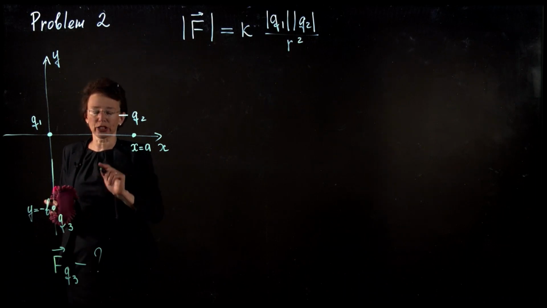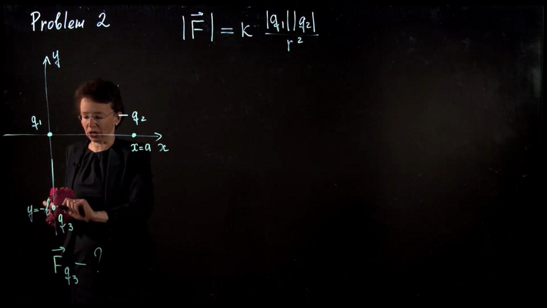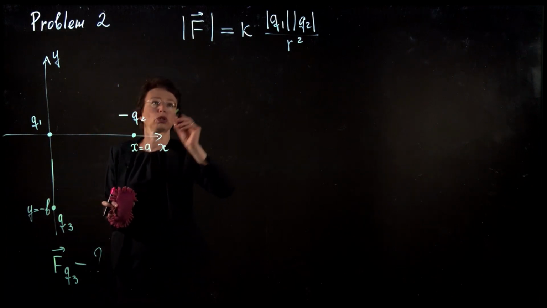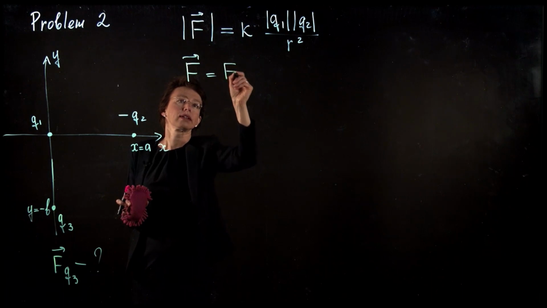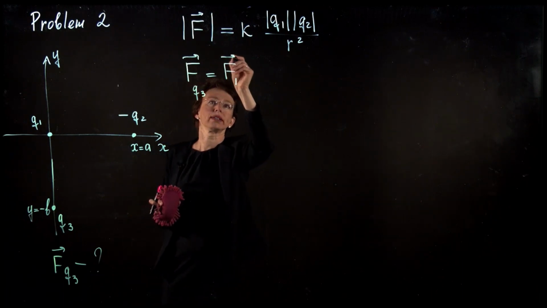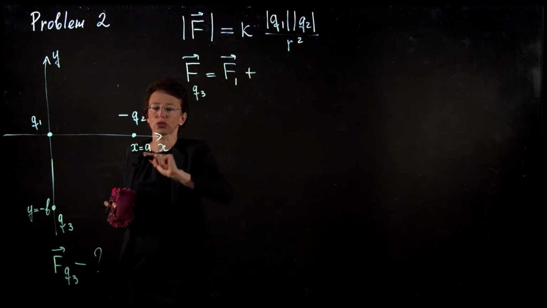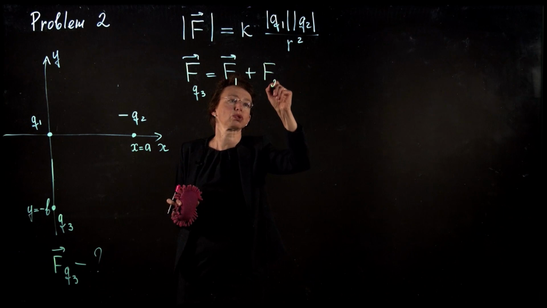So we will find the force exerted by Q1 on Q3. We will call this force F1. So the force on Q3 will be F1 plus the force exerted by Q2 on Q3.